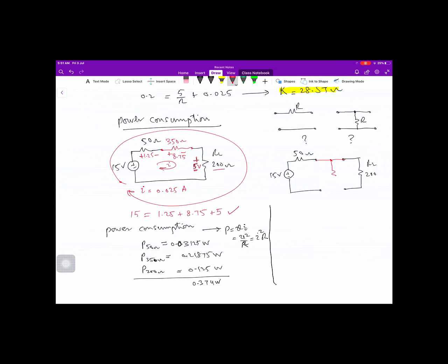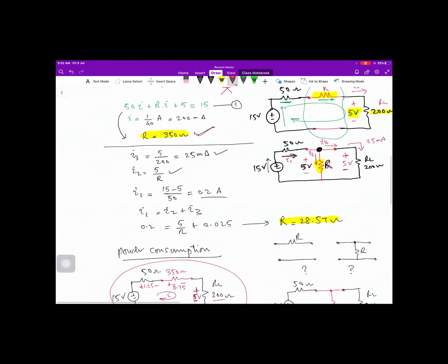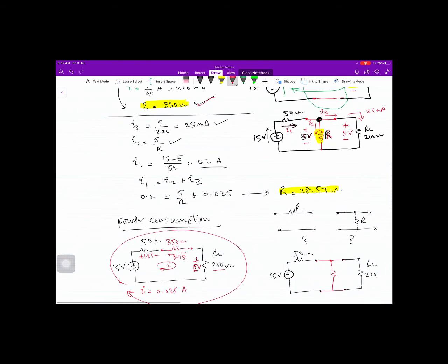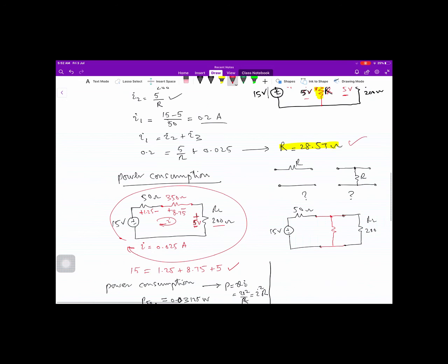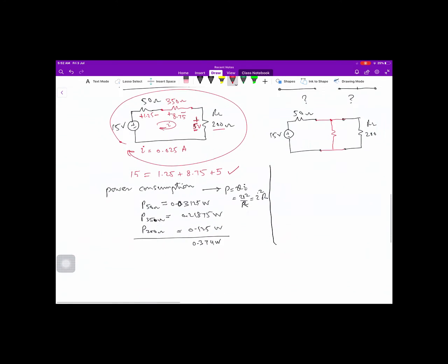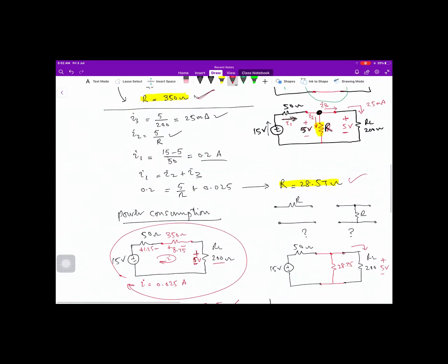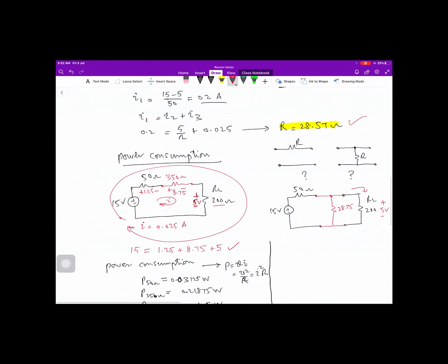The interface is the parallel resistance, and see what was the parallel resistance in this case. It was 28.75. Note that the output voltage is 5 volt, and this current which we have used before is 25 milliampere.